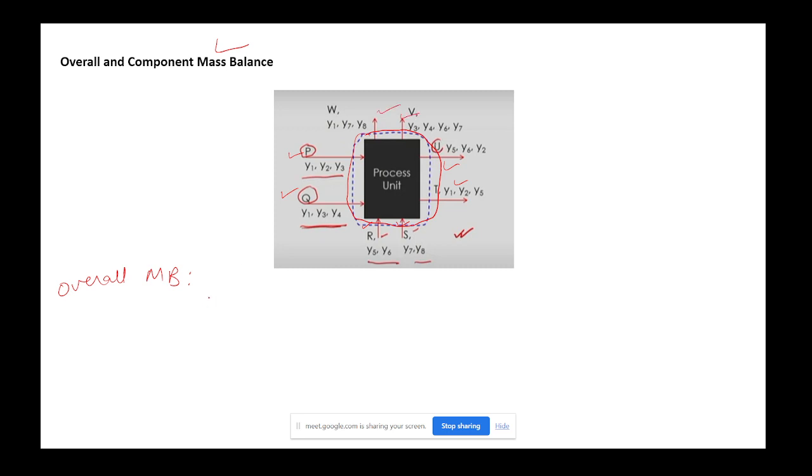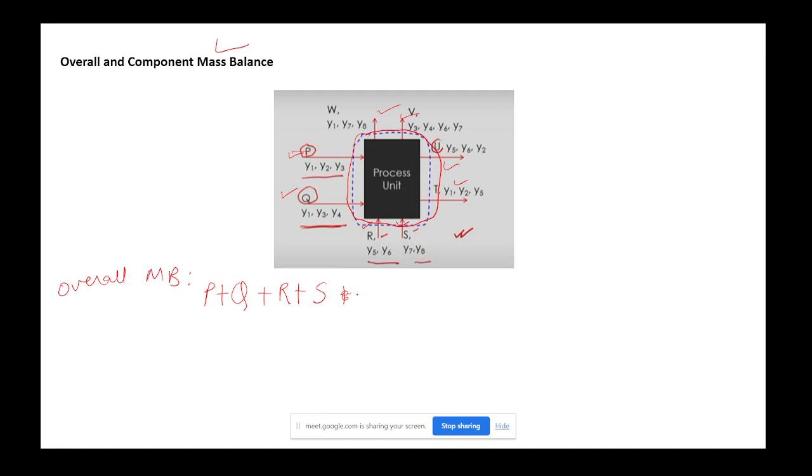So for applying overall mass balance here, we have total inlet in the form of one stream P plus another stream Q, and another stream getting in, R plus S. Now there can be certain accumulation also.